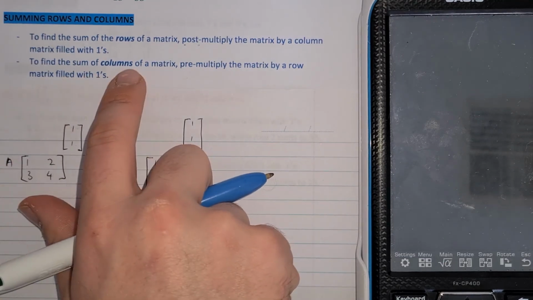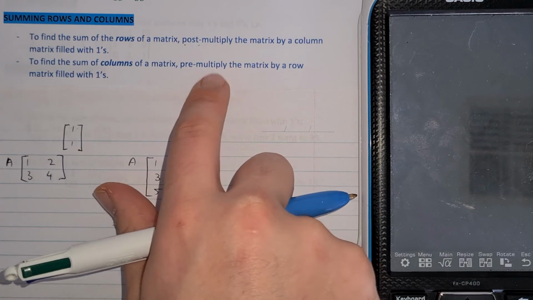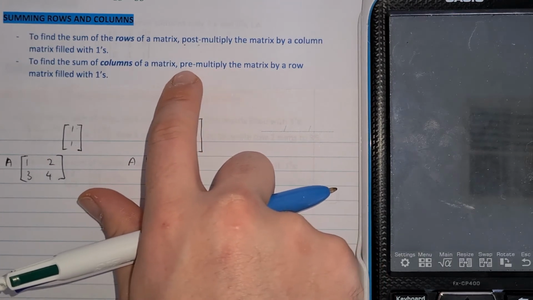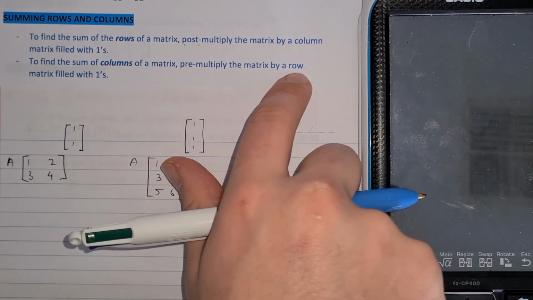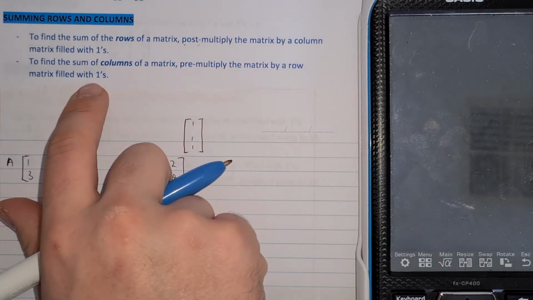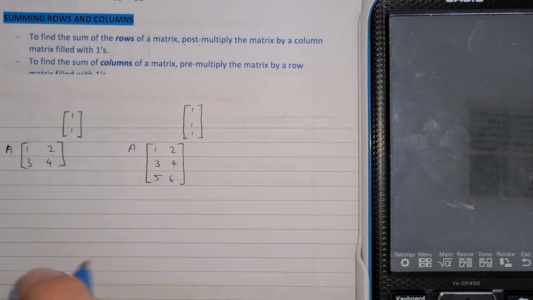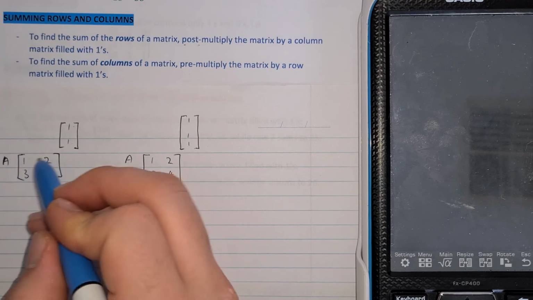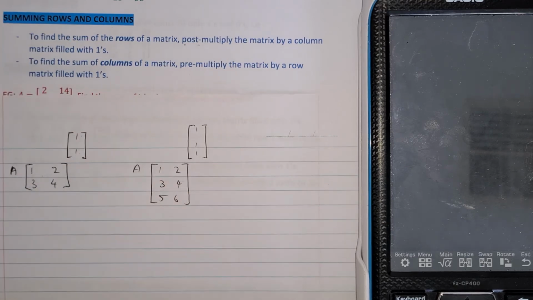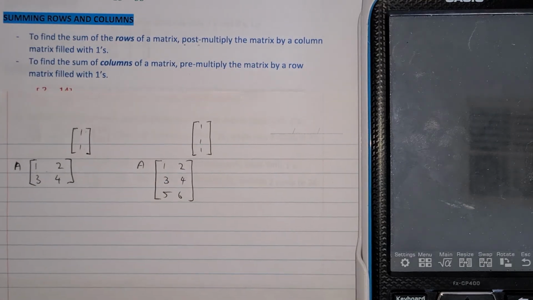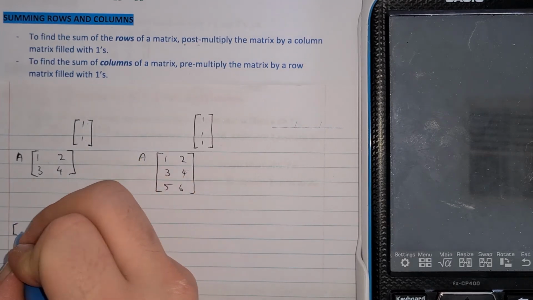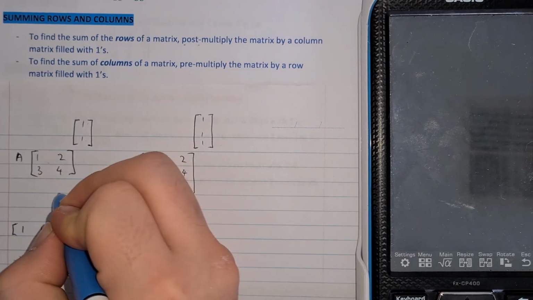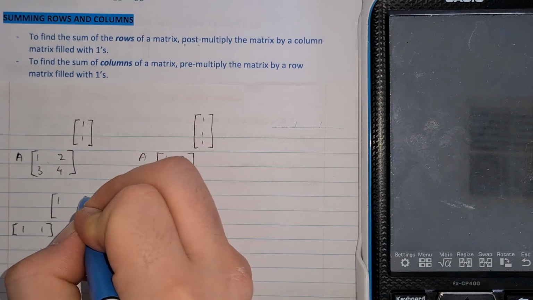If you wanted to find the sum of the columns of a matrix, you pre-multiply, pre meaning before, the matrix by a row matrix filled with ones. So if you wanted to sum up the columns of this matrix A, you would need to pre-multiply by a row matrix filled with ones. So let's say it looks like this.